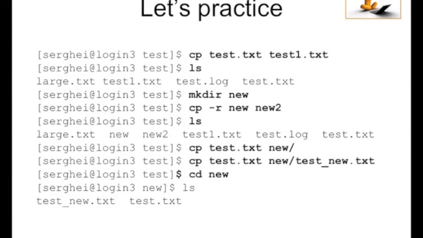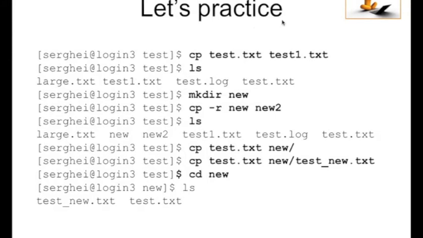So let's see some examples. We do have the file which is called test.txt, and we want to create a copy of it. I guess there are very many ways you would think about copying files, right? So I was trying to put all of them here. If you think of anything else which is not covered, let me know. Okay, so we start with creating the copy of that file in the current directory, right?